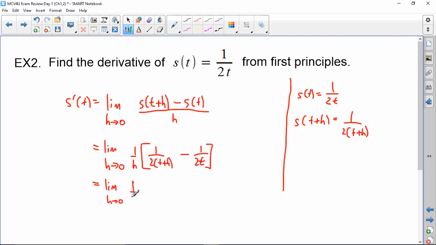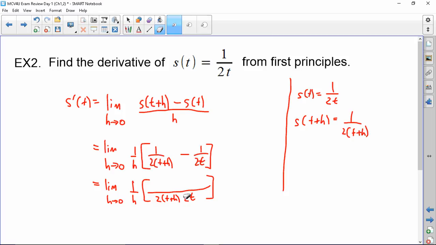So I'm going to have 1 over h. One of those is this mess, and one of those is this mess. I suppose I only needed 1, 2, didn't I? So let's fix that up. We only need 1, 2.